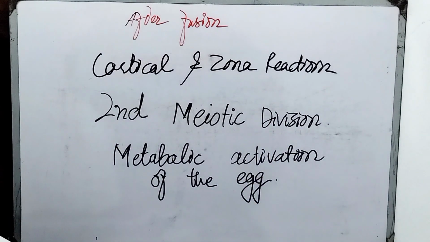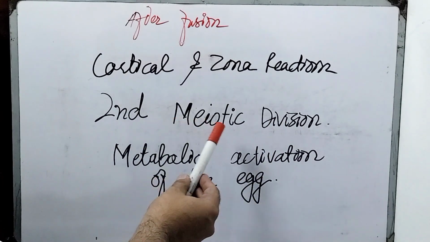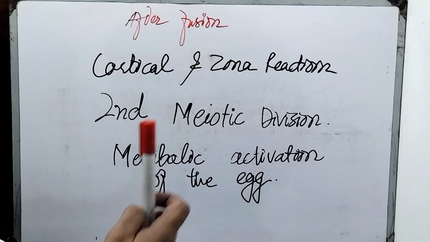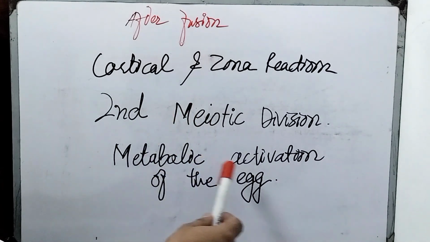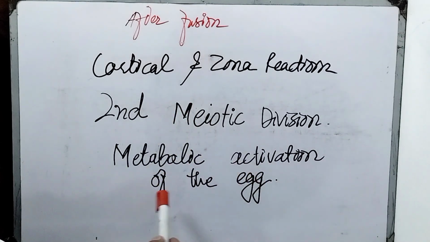Second meiotic division: the oocyte finishes its second meiotic division immediately after entry of the spermatozoa, and the metabolic activation of the egg occurs, which encompasses the initial cellular and molecular events associated with the early embryogenesis.